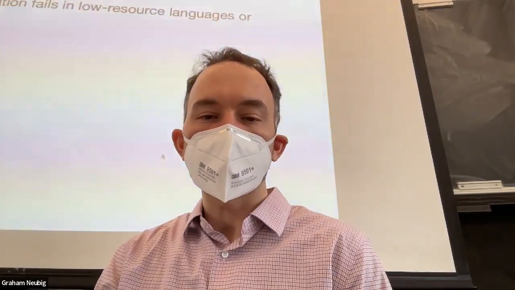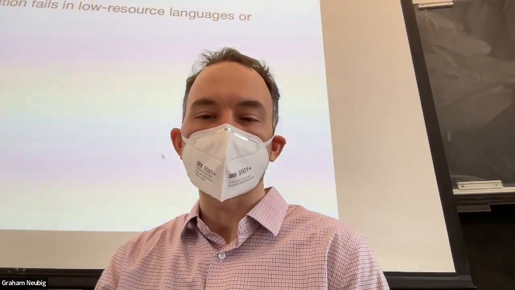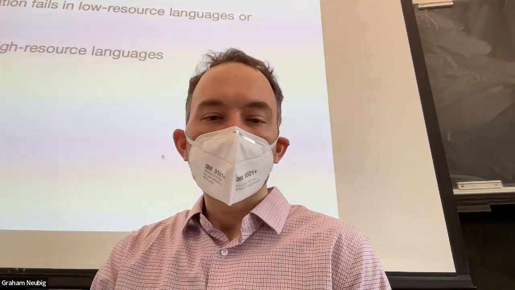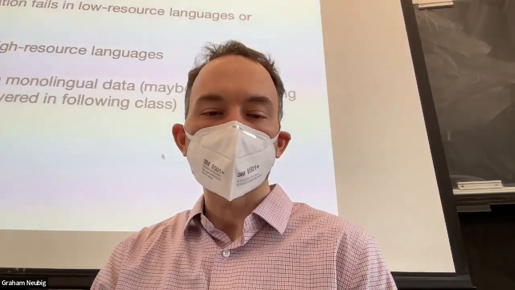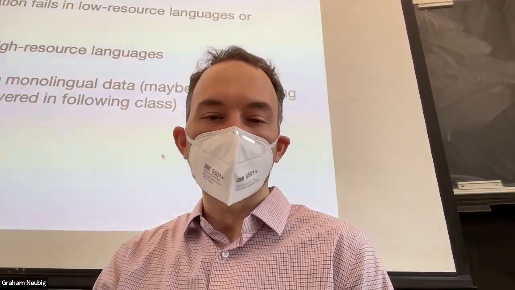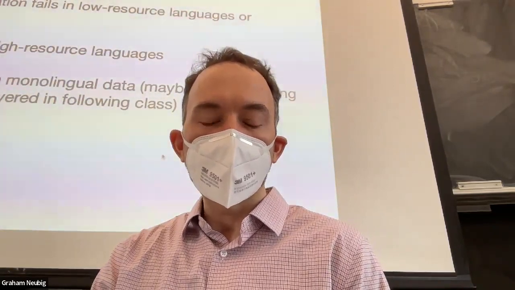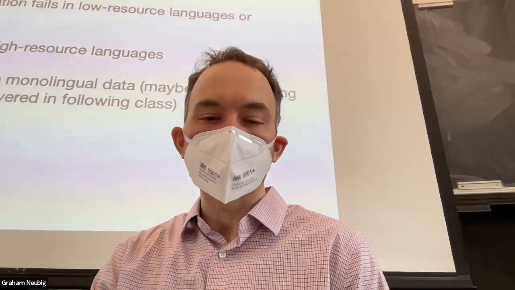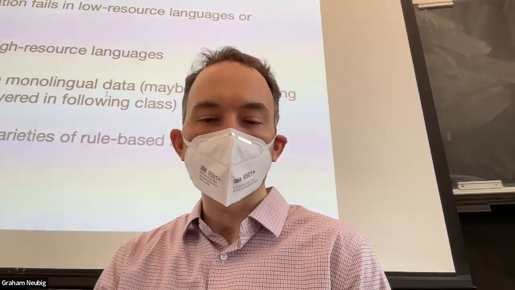So there are a couple of issues here. The first issue is that back translation often fails in low resource languages or domains. As a solution, one thing we can do is use other high resource languages, or we can combine them with monolingual data, maybe with denoising objectives, which we're covering in a following class.